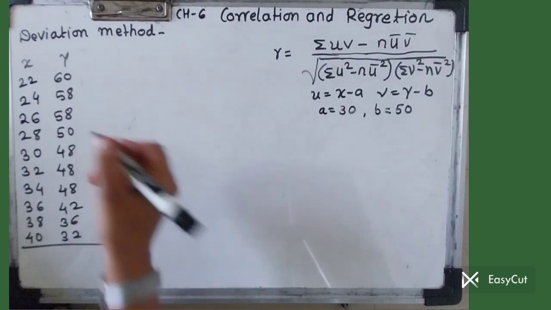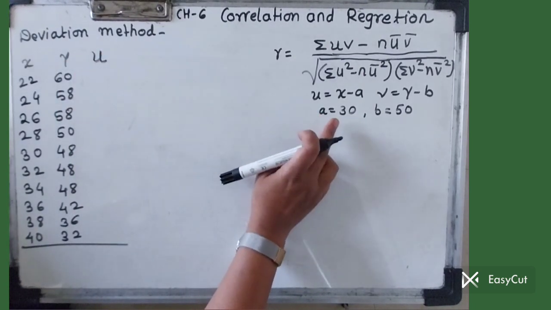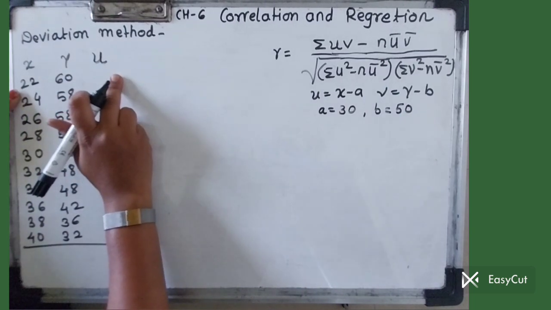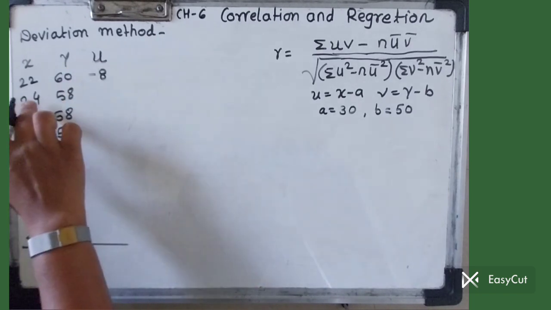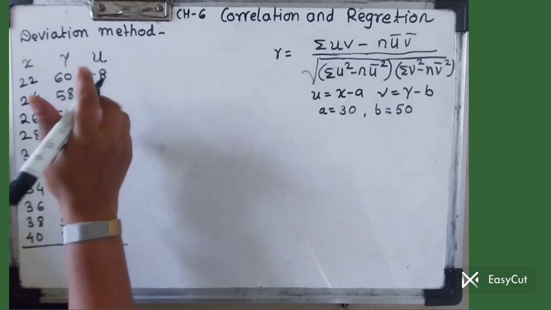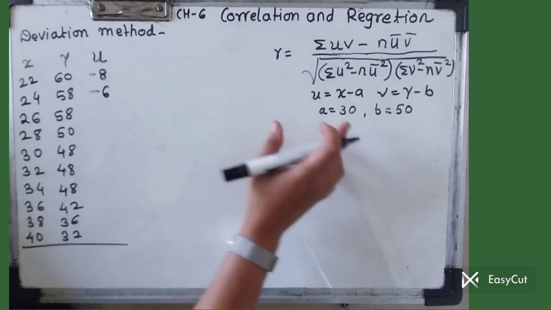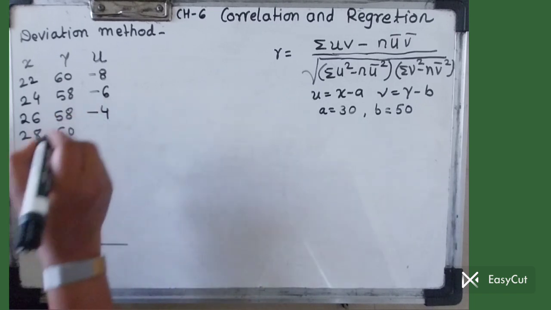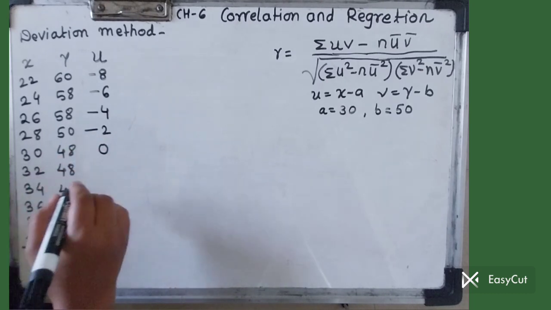Now u. What is u? X minus a. 22 minus 30 is minus 8. Again, 24 minus 30 is minus 6. Here, 26 minus 30 means minus 4. Minus 2. 0, since 30 minus 30 is 0.